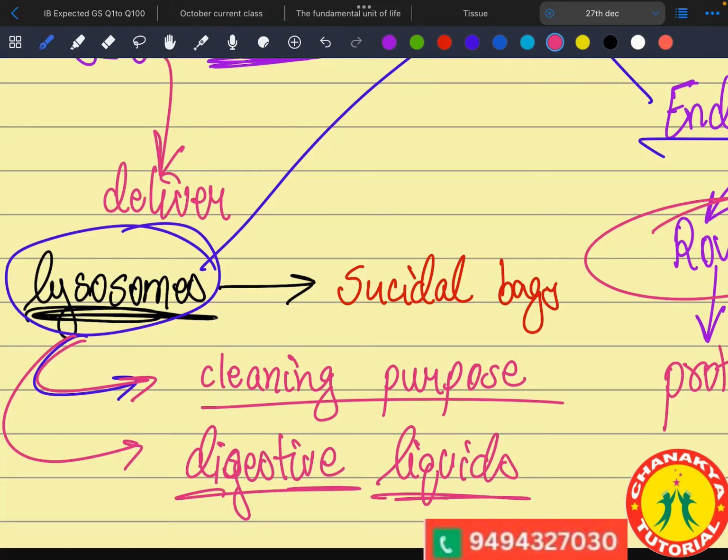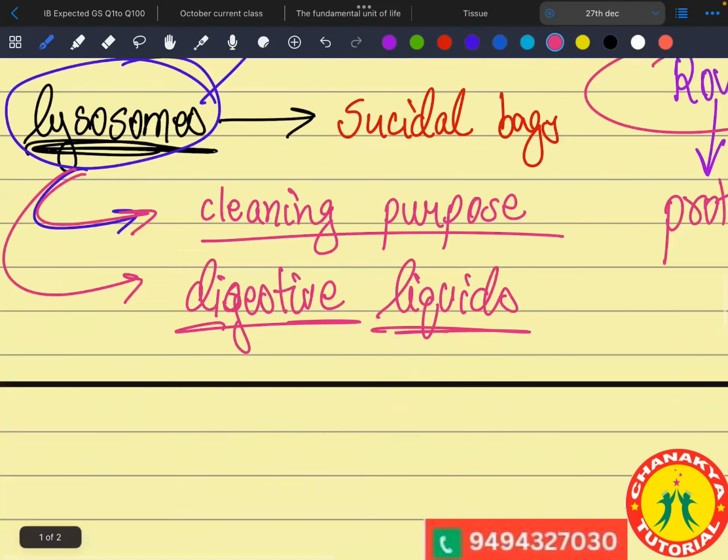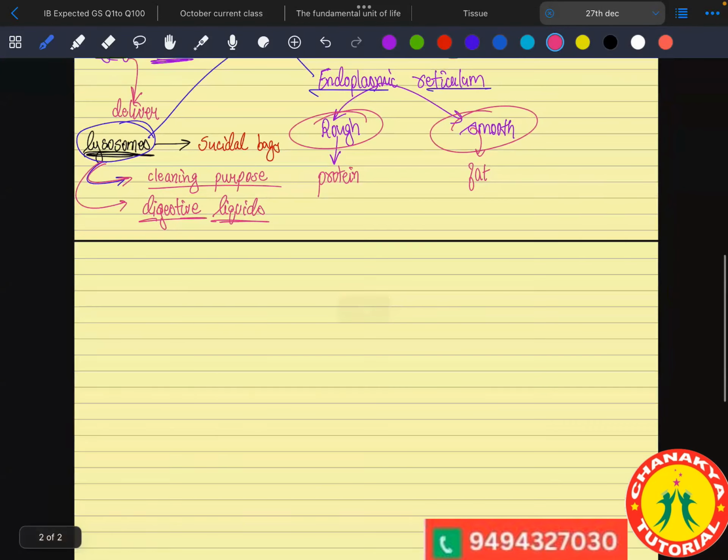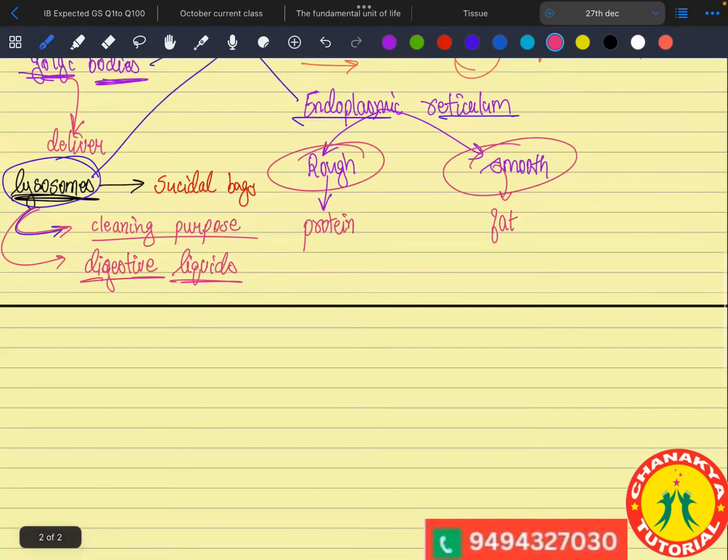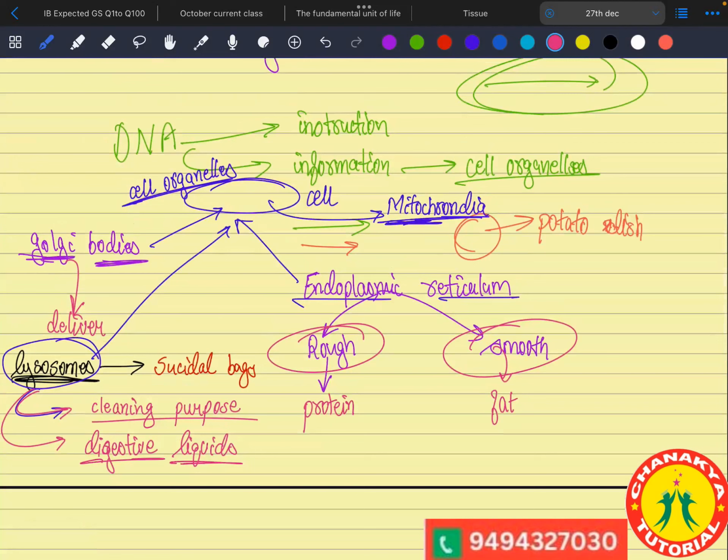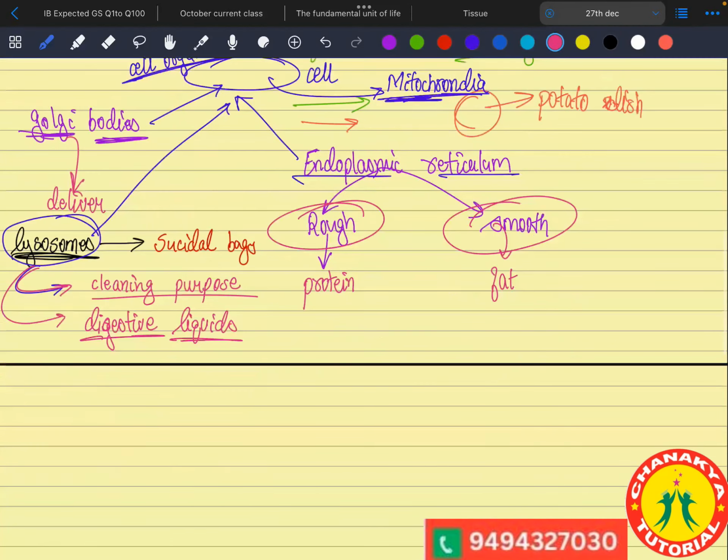These digestive liquids are so strong that they can even digest the whole cell. The lysosomes are present inside the cell, but their digestive liquids have the power to destroy the whole cell.